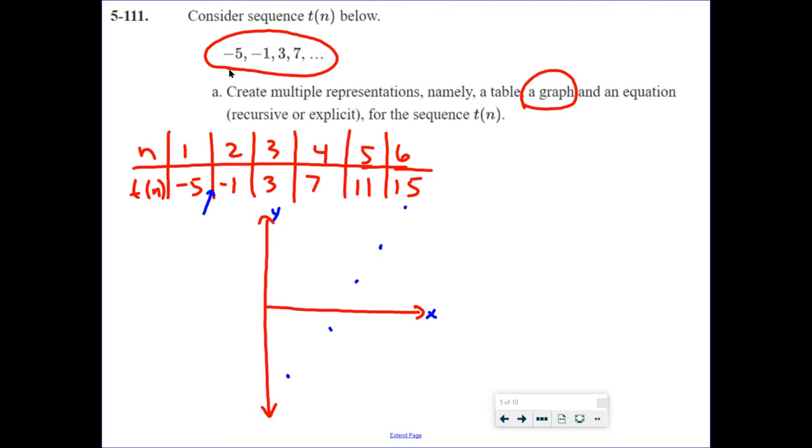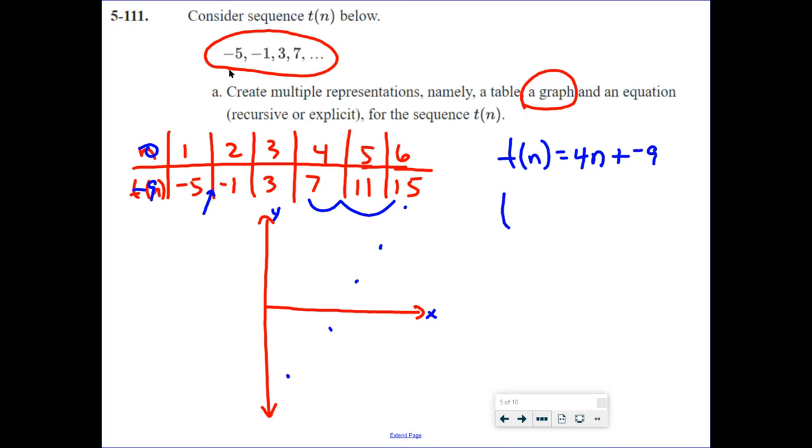Okay, so I'm going to start with the explicit. t of n equals, and if you notice here, my slope or my growth is always 4. So 4n plus term 0, which I don't have, but if I went back to term 0, it would be negative 9. So 4n plus negative 9 is my explicit equation.